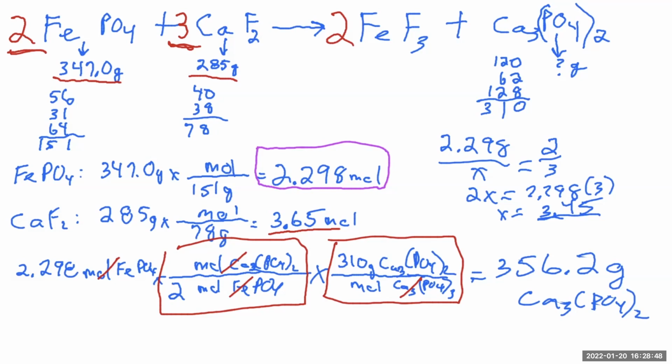So we have 356.2 grams of calcium phosphate that is going to be produced when we mix those two numbers together. Does that make sense? Yes.